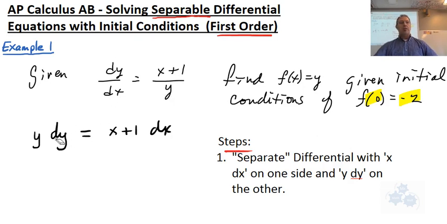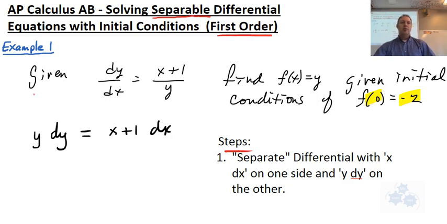Now, the other question was, don't we usually have an integral with the dy? Not always. Sometimes we have the summation, which kind of led us to the Riemann sums. But this sets up the fact that we are going to be able to integrate both sides. Once you separate this equation, then you integrate.